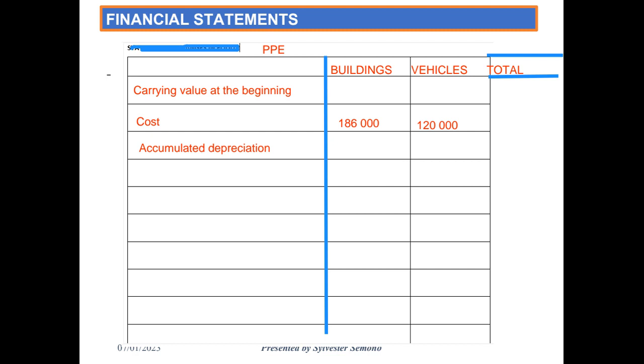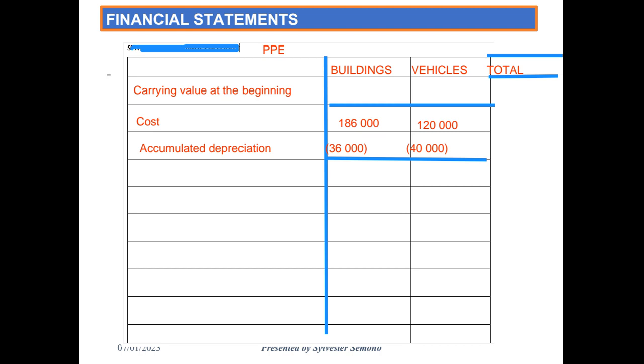And now we want the carrying value. So you just have to say cost minus what? Accumulated. And we get the values. 186, 182,400 for buildings.